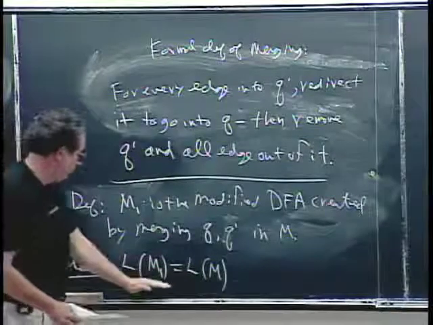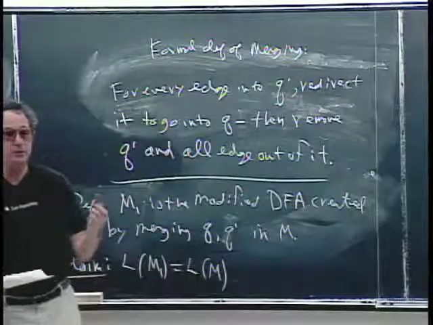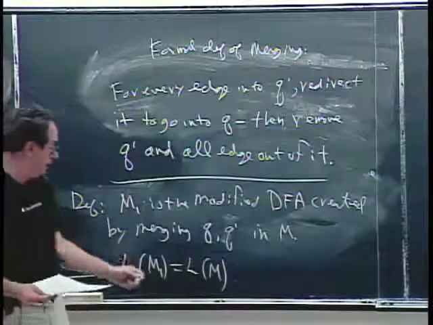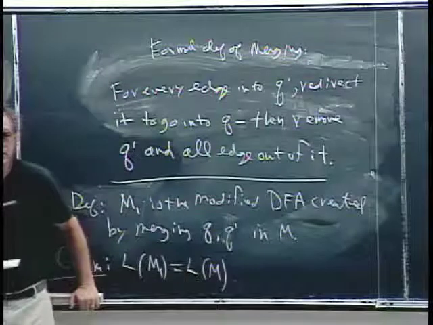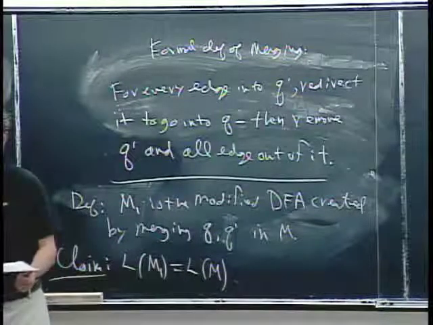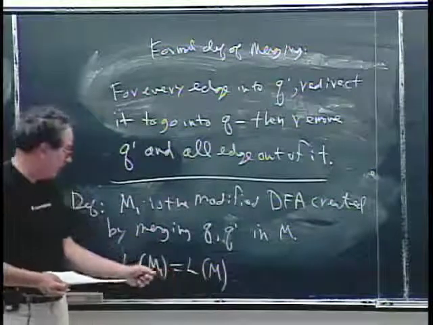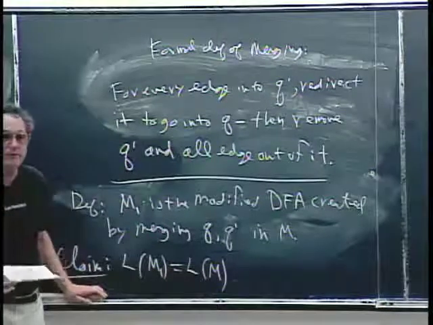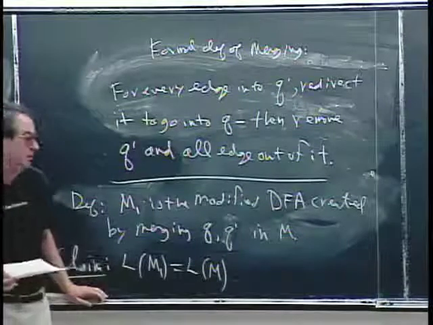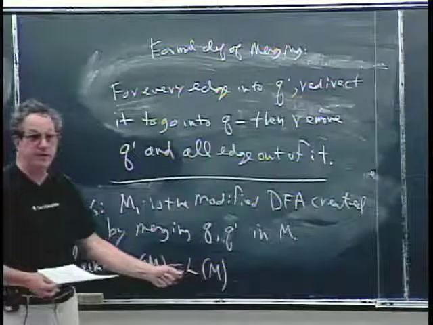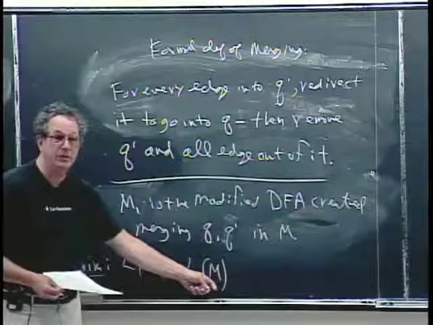Okay. So this was the key point that we got to a minute ago, how we merge two indistinguishable states, and we have LM1 equals LM. Having merged two states, if we again see that two states are indistinguishable, we can merge them, and again know that the language recognized by the modified DFA is going to be the same language as was recognized just before that step, which is the same language that was recognized by the original DFA.